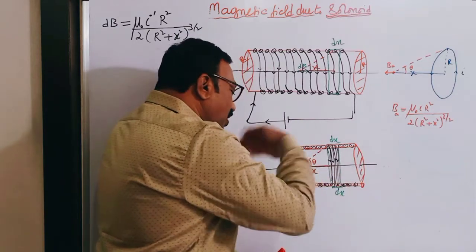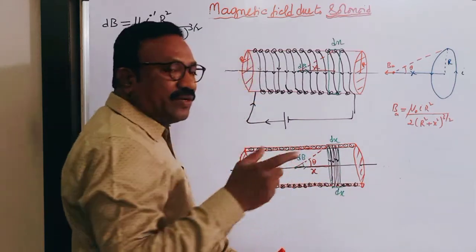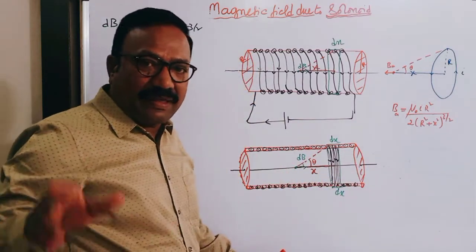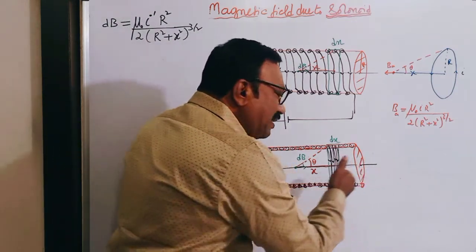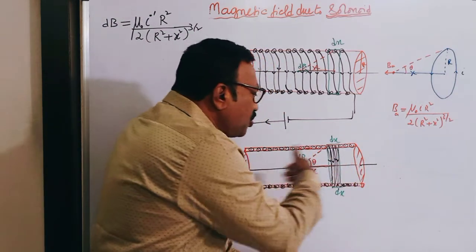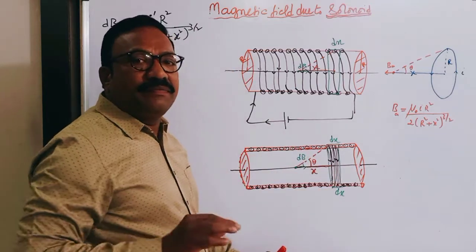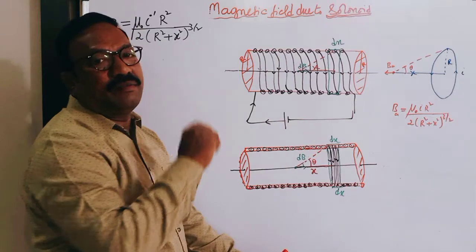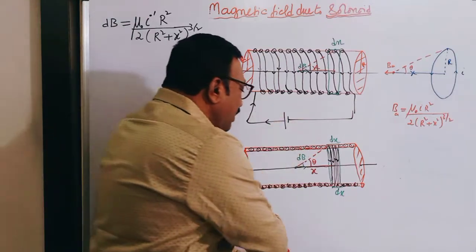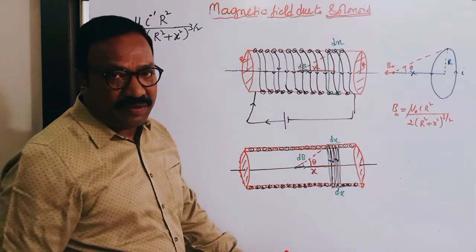Each elemental ring contributes its magnetic field here as dB1, dB2, dB3, dB4, dB5, etc. Summing up of all these elemental magnetic fields, that is dB1 plus dB2 plus dB3 plus dB4, etc., is nothing but integral dB. So integral dB will give us the magnetic field at this point.